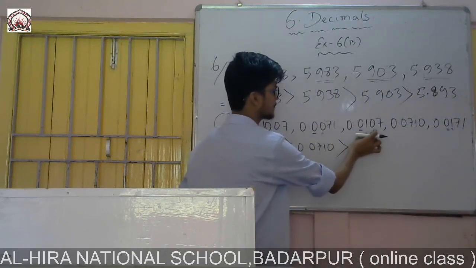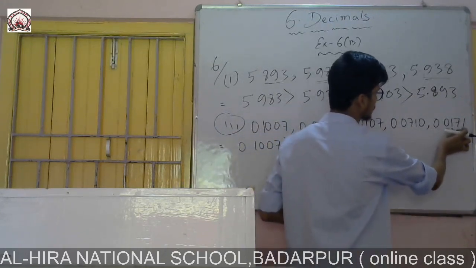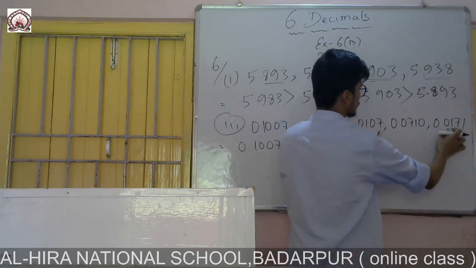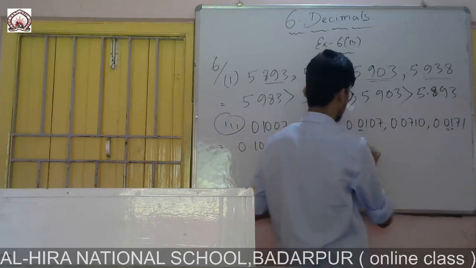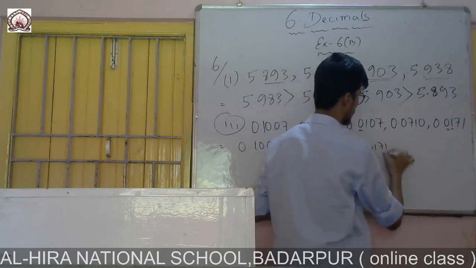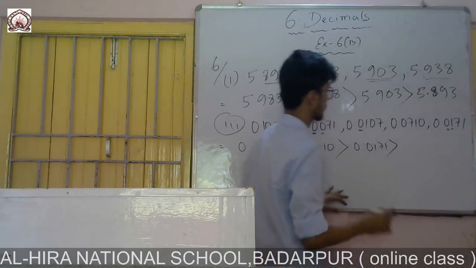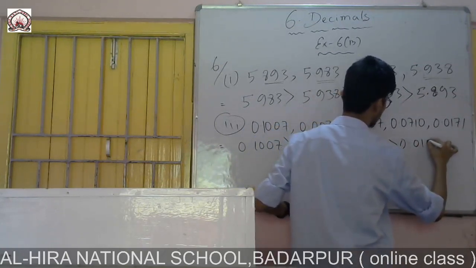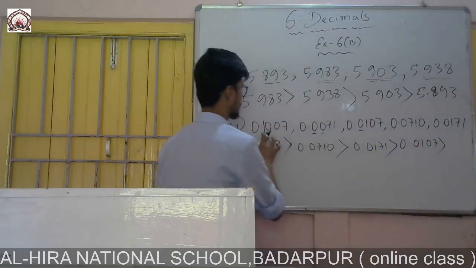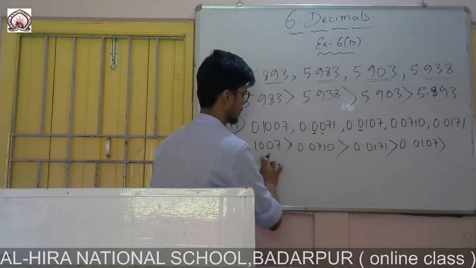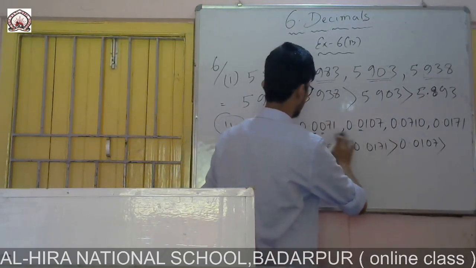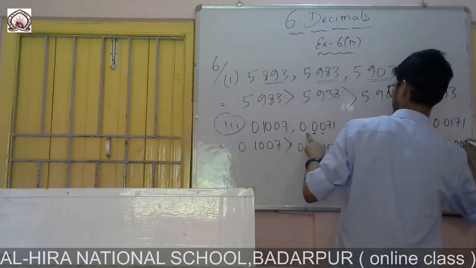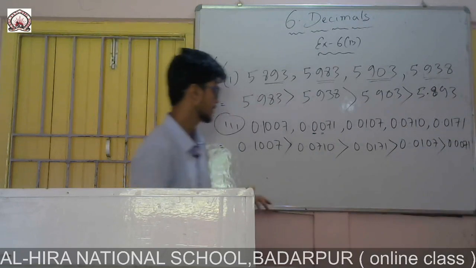Now from these two, after 0, 1 is there. There also after 0, 1 is there. Then I will move to the third place. It is 0 and it is 7. So which one is greater? This one, 7. So 0.0171. Then which one left? Only this one left, 0.0107. And at last, this one, 0.0071.